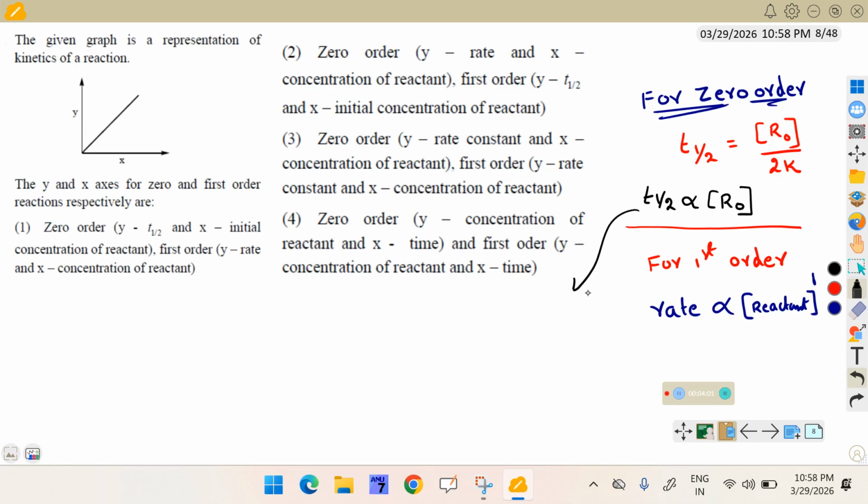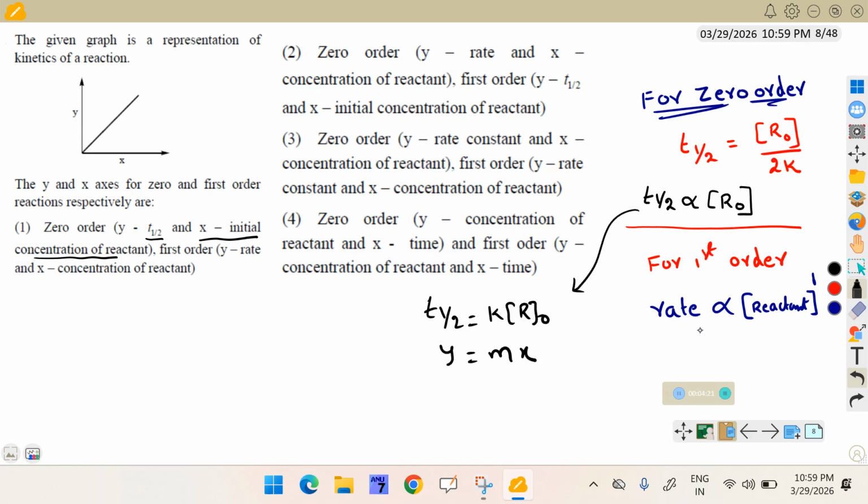Or it can be written as t half is equal to k into R0. This is in the form of y is equal to mx, a straight line equation passing through the origin. On the y-axis for zero order reaction you can take t half, and on the x-axis you can take the initial concentration of reactants.